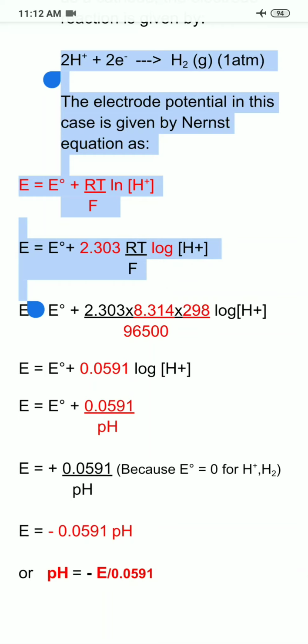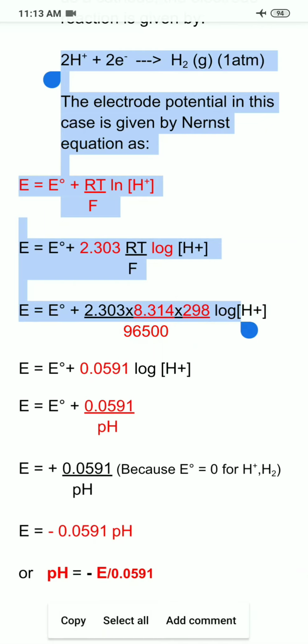So finally putting the value of R, gas constant, and temperature equal to 298 Kelvin and Faraday, I can write E is equal to E naught plus 2.303 into 8.314 into 298 upon 96,500 into log H, because standard temperature is taken as room temperature, so almost 25 degrees centigrade, so it is equal to 298 Kelvin and 1 Faraday is equal to 96,500.